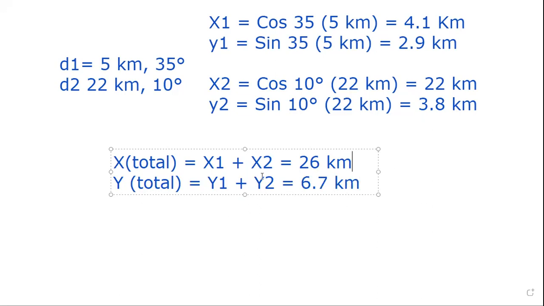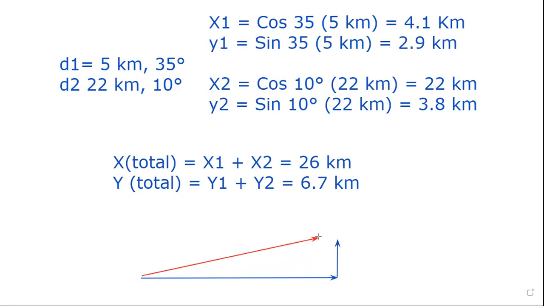Okie dokie. Now that you have this, you have a whole new triangle, with the adjacent leg as 26 kilometers eastward, and then one that goes 6.7 kilometers north. You're trying to find now the hypotenuse, the red one here, and you can apply the Pythagorean theorem.